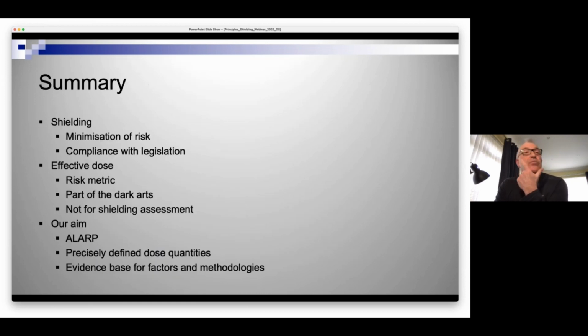Okay, so to summarize what I've been saying, shielding is about minimization of risk and compliance with legislation. The dose limits are based on effective dose, but they're a risk metric, effectively part of the dark arts, and they're not for shielding calculation or assessment.